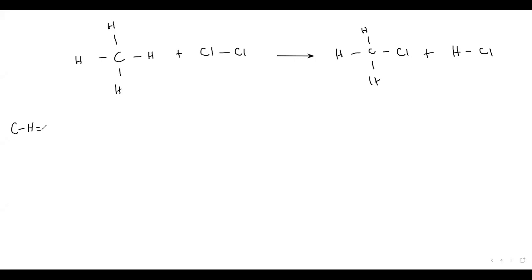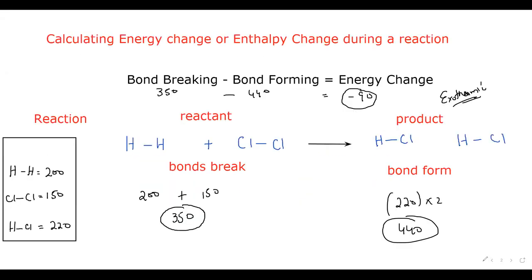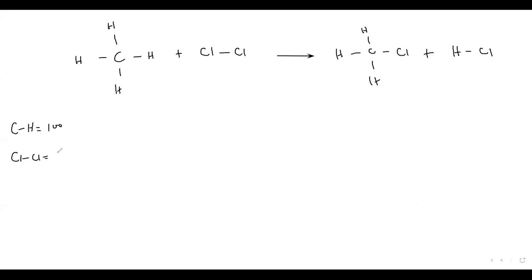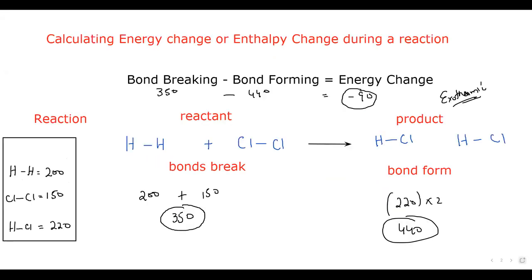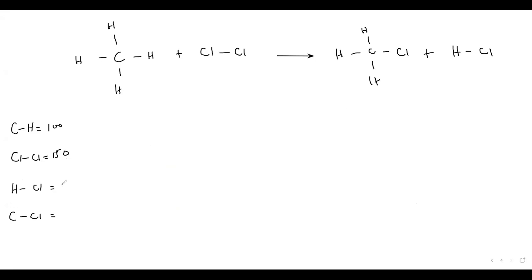The C-H bond energy is given, for example 100. The Cl-Cl bond energy is given, that is 150. And the H-Cl bond energy is given, and the C-Cl bond energy is also given. The H-Cl bond energy, I took 220, and the C-Cl bond energy is 40. These numbers will be given. You don't have to memorize.